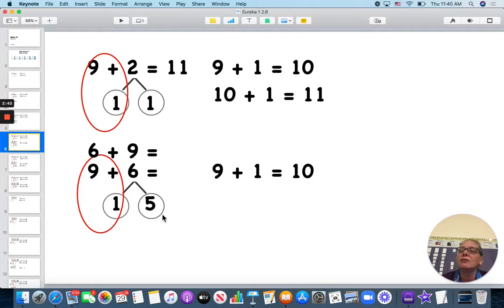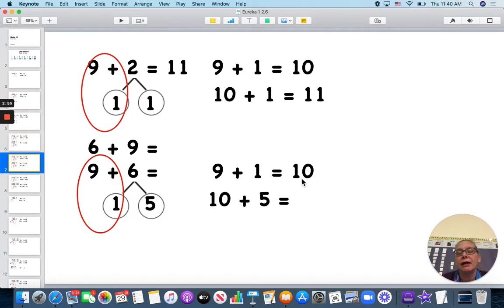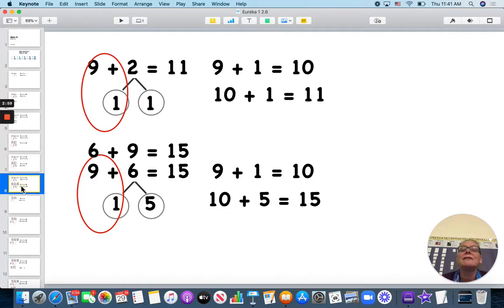By breaking the 6 up in 1 and 5, 9 and 1 is 10 and I have 5 left over. So you can see 9 plus 1 equals 10. 10 right here plus my 5 that's left over is 15. So that means that 6 plus 9 equals 15 and 9 plus 6 equals 15.